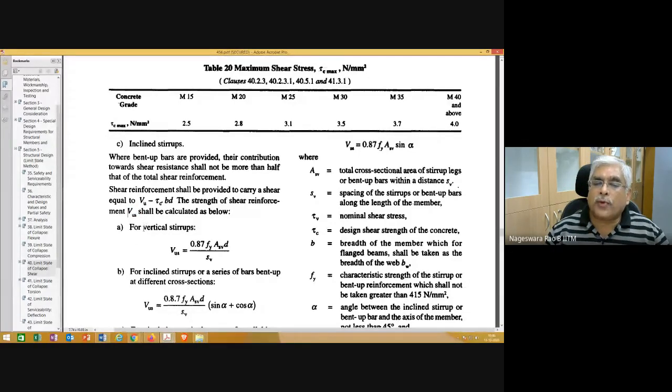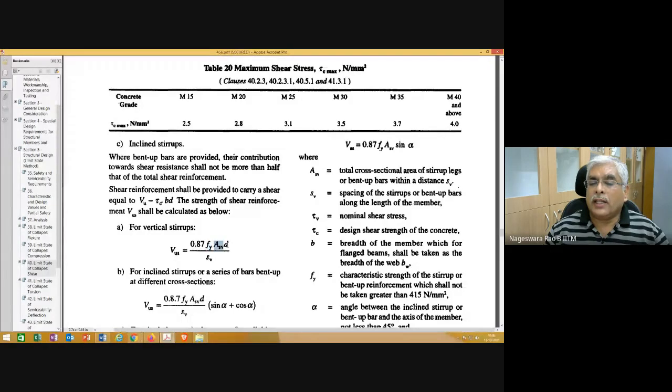And if you opt for vertical stirrups, this is the equation that is relating Vus with the area of stirrups that you need to provide and spacing of the stirrups. fy, you are familiar with fy. fy depends on the grade of steel, and d is the effective depth.